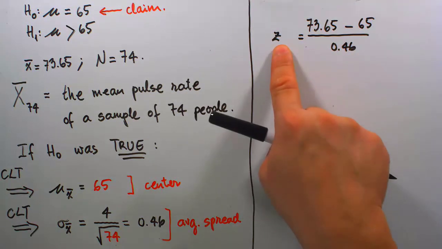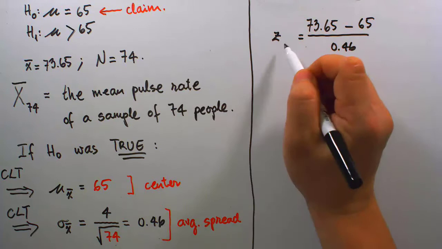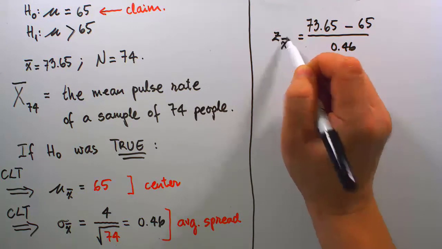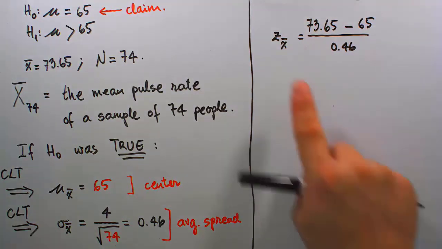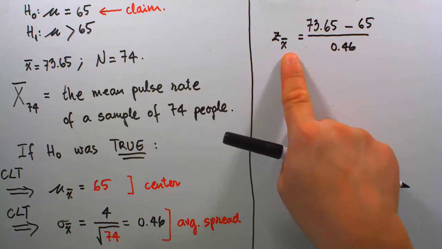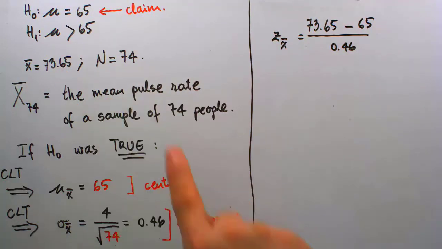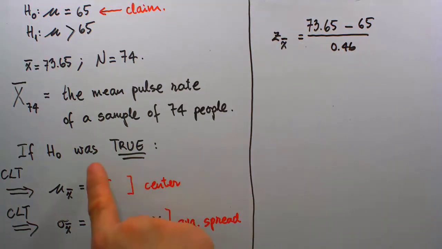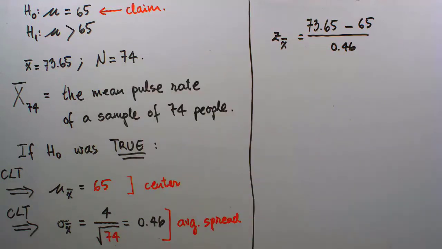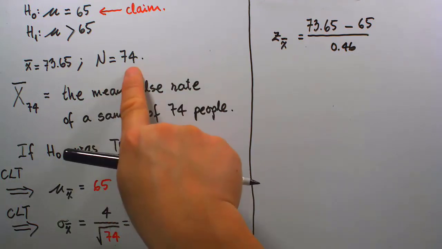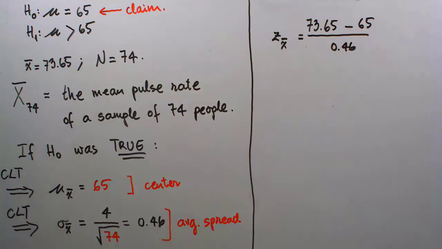But this z-score is specifically for our sample. So I optionally use this symbol, z-score with a subscript x bar, to indicate that this is not any z-score, but the z-score for our particular sample that we're using here, relative to the center we have consequently found based on the acceptance of the claim value, and with this found average spreading, if we accepted this as the truth, and we are currently using this sample size.